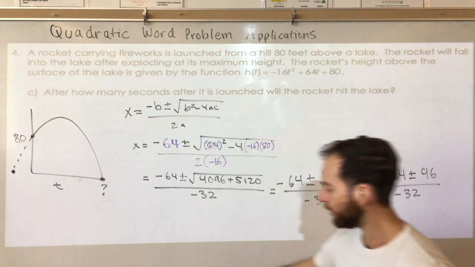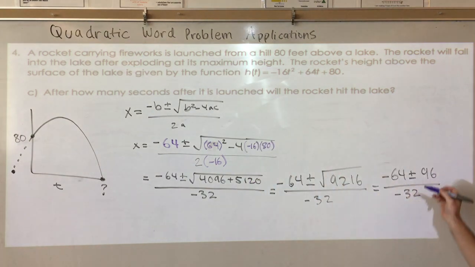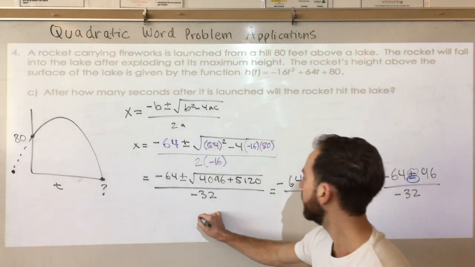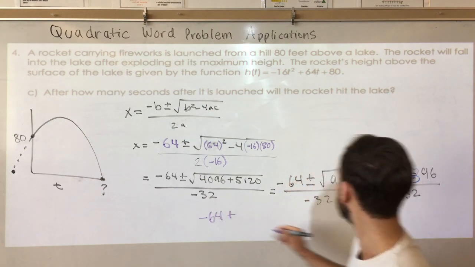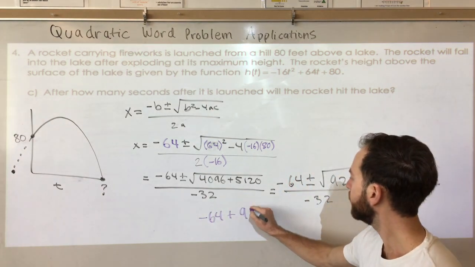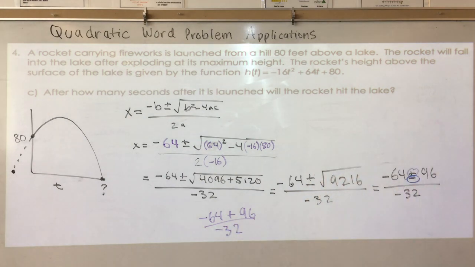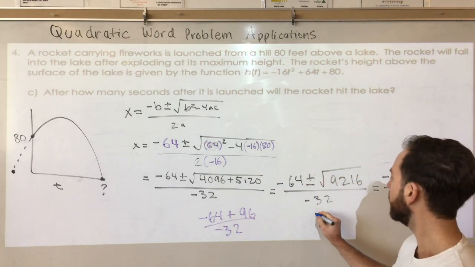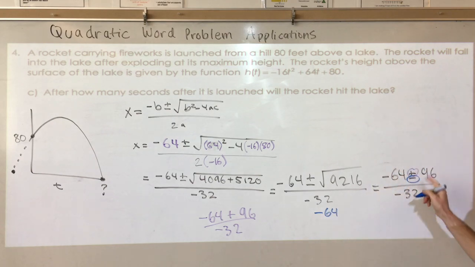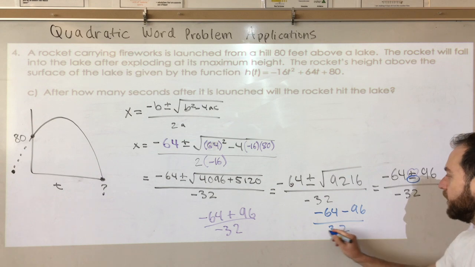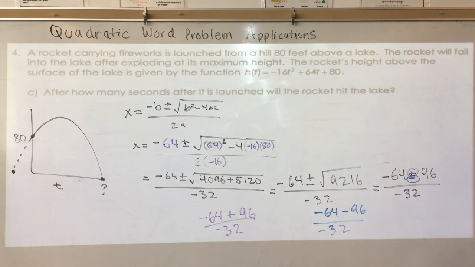Let's simplify them both, and then let's care about our positive answer. Our positive version is negative 64 plus 96 over negative 32, and our negative version is negative 64 minus 96 over negative 32.